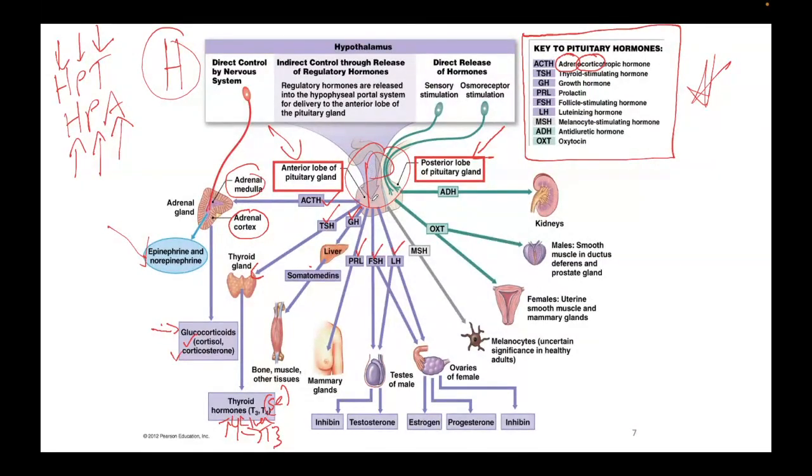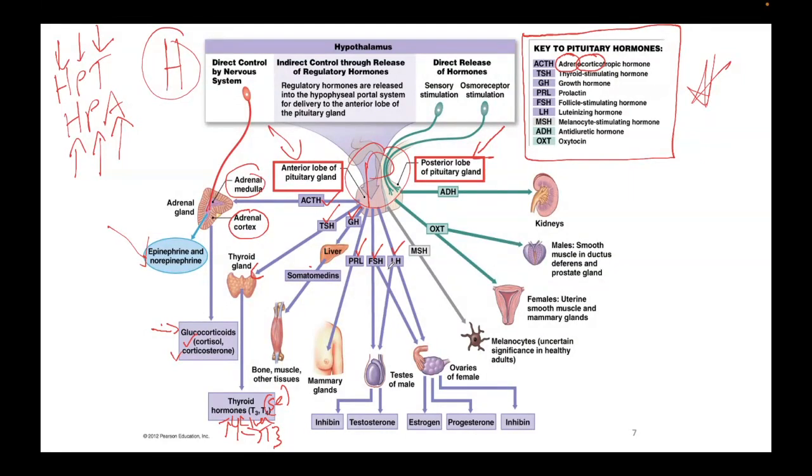The hypothalamus sends signals to the anterior pituitary, and the anterior pituitary produces prolactin, for lactation. It goes to the mammary glands for milk production. The anterior pituitary can push out follicle stimulating hormone and luteinizing hormone.